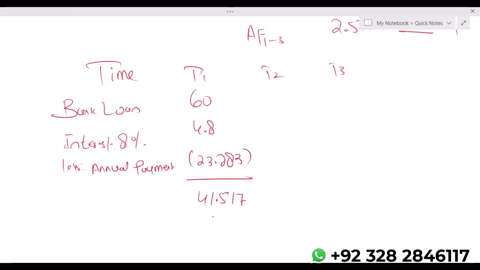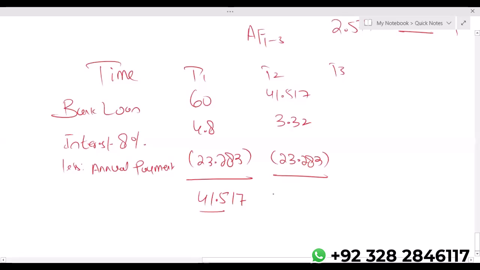So it becomes the opening loan for the second year. Now we'll apply 8% on that. So interest payment is 3.32. Annual payment remains the same due to equal annual payment. 41.517 plus 3.32 minus 23.283.